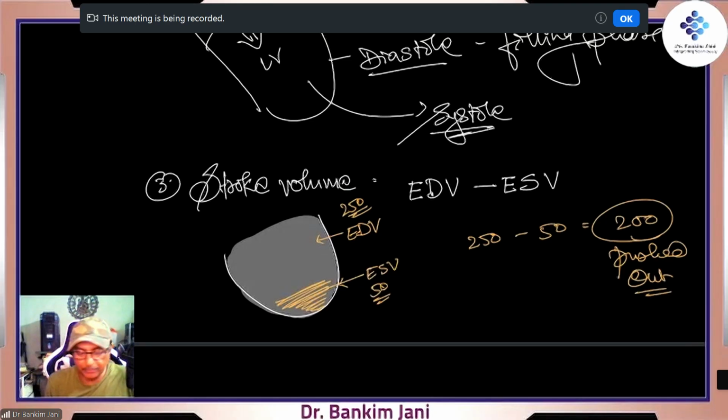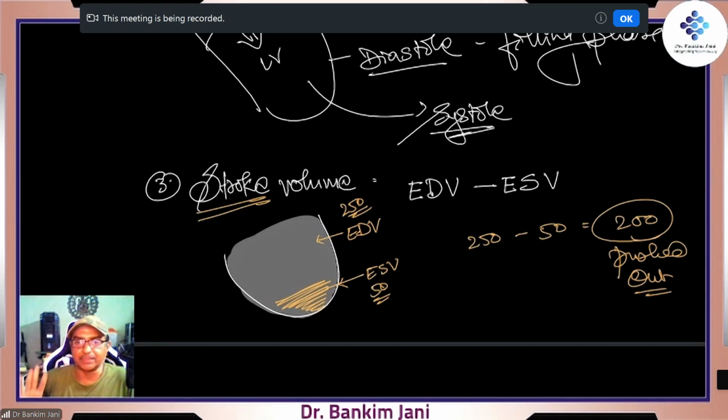This is what we call stroke volume: with every stroke, how much blood is getting pushed out. This varies from person to person. If someone is an athlete, powerful, the stroke volume would be bigger. If someone's heart is weak, it would be different.